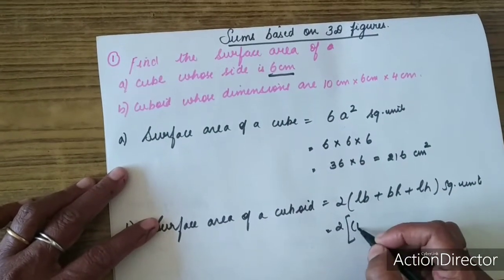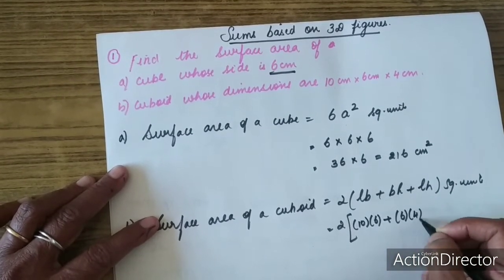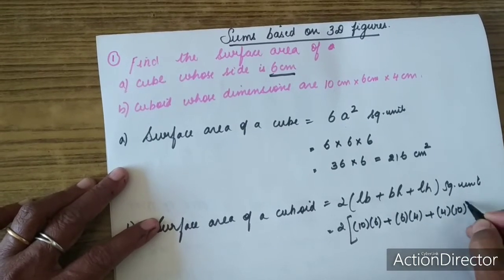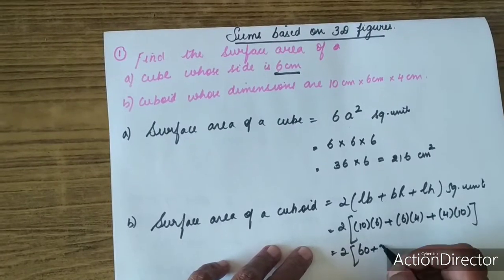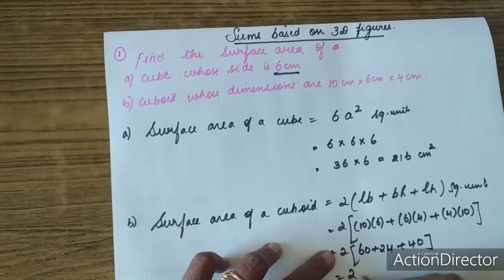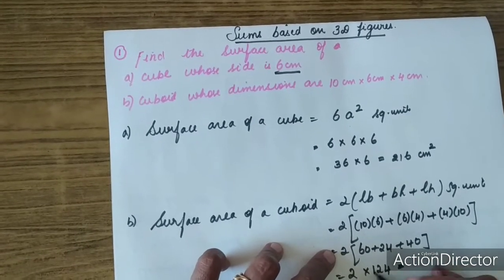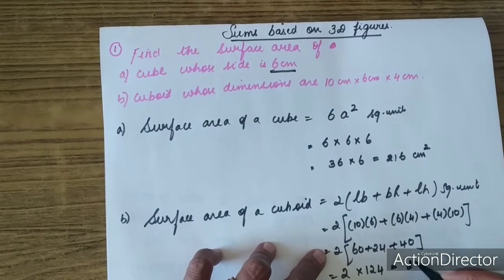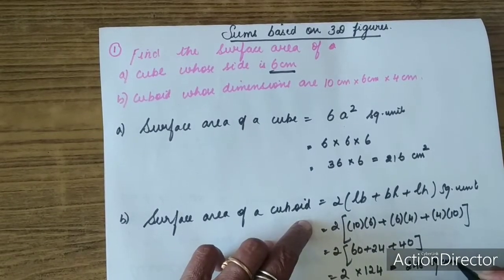Length is 10. So 10 into 6 plus 6 into 4 plus 4 into 10. This is equal to 2 into (60 plus 24 plus 40), so it is 2 into 124, which is equal to 248 square centimeter.